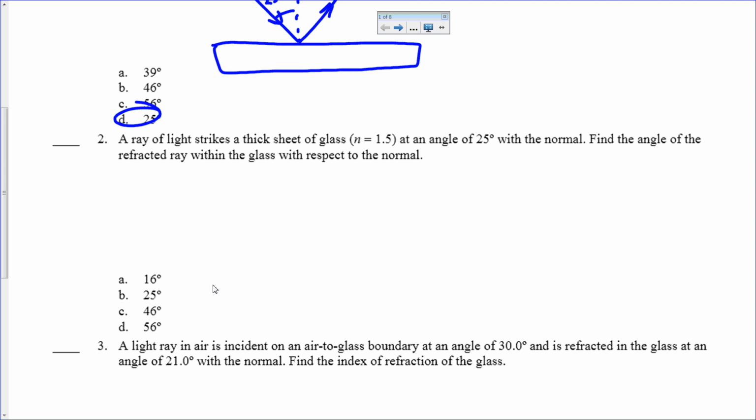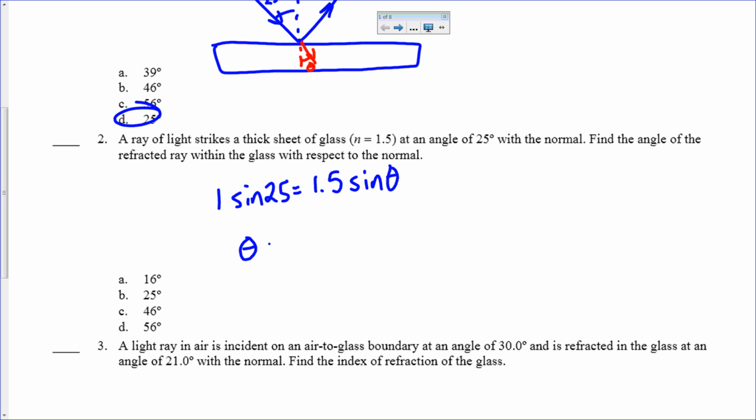Ray of light strikes a thick sheet of glass. And now I want to find what is the refracted ray. So what happens here is part of it is reflected, and then part of it is refracted. And now I want to know what is this angle, theta 2. So that's just going to be 1 sine of 25 equals 1.5 sine of theta 2.